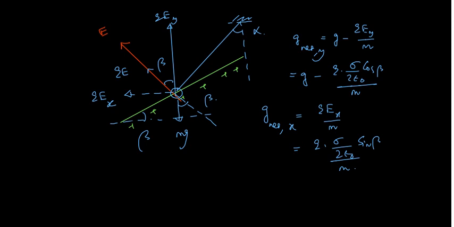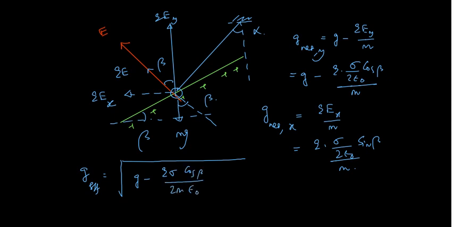So what is the g effective now? g effective will be equal to, it will be a big term, root under of (g minus q sigma cos beta by 2m epsilon naught) whole squared plus (q sigma sine beta divided by 2m epsilon naught) whole squared.